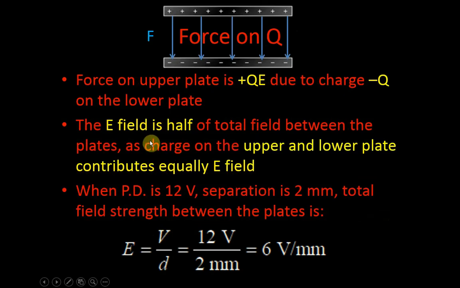That means the electric field is half of the total field between the plates, as the charge on the upper and lower plates are both contributing equally to the electric field. So let's calculate E. When the potential difference is 12 volts and the separation is 2 millimeters, the total field strength between the plates will be E equals V over D, or 12 volts over 2 millimeters, which will give us 6 volts per millimeter.